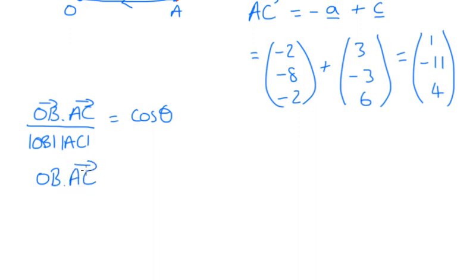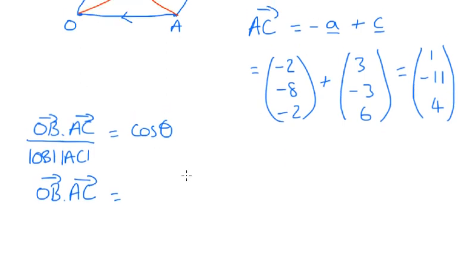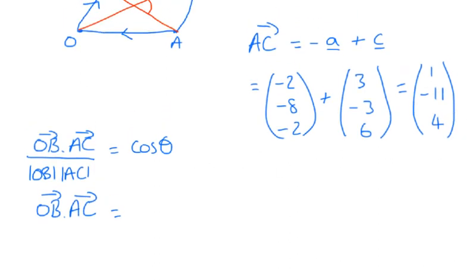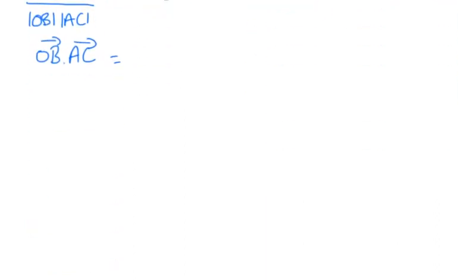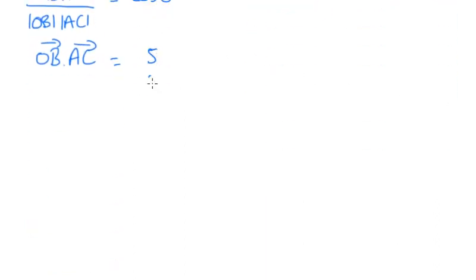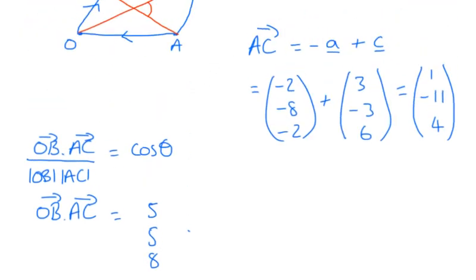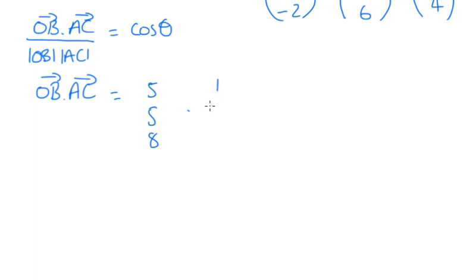OB dot AC. So that's 5, 5, 8 dotted with 1, minus 11, 4.